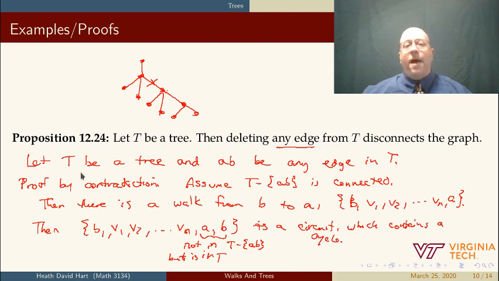And that's not allowed because a tree can't contain a cycle. And so that's a contradiction. Since we have a contradiction, we have to reject the assumption, and therefore T minus AB is not connected. And that finishes the proof.